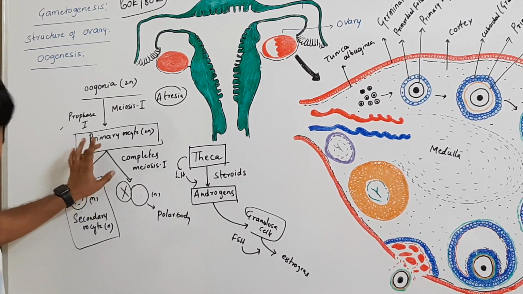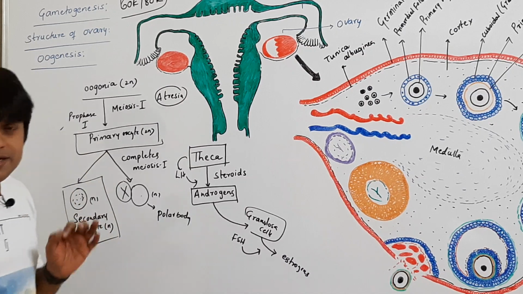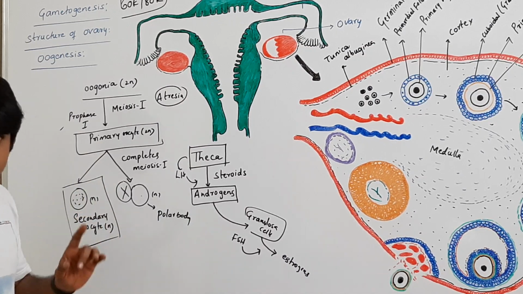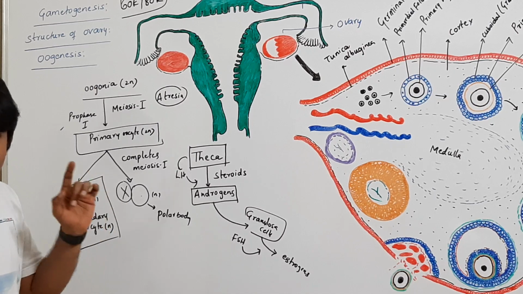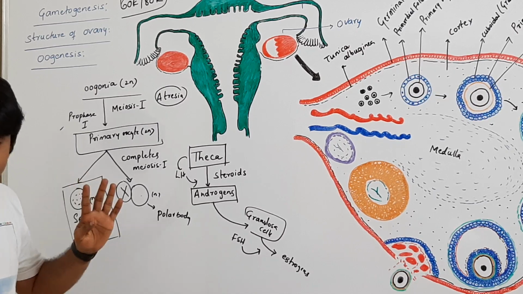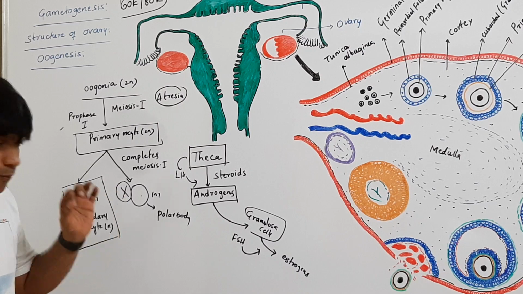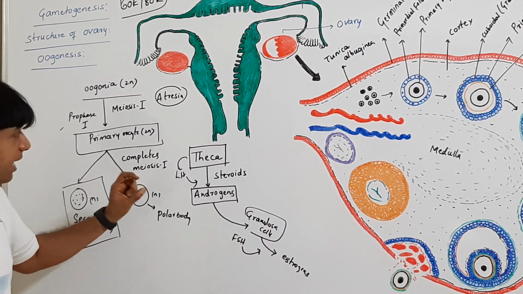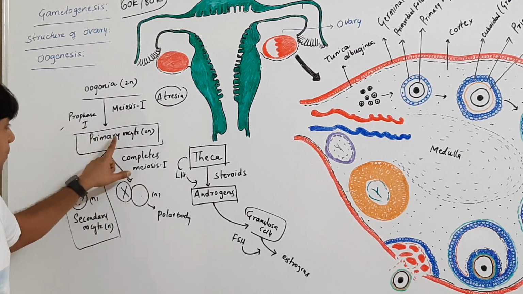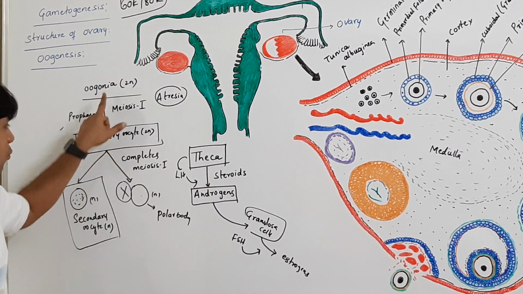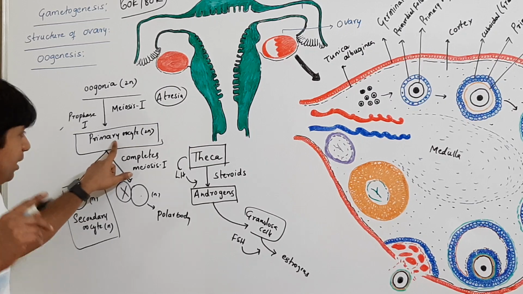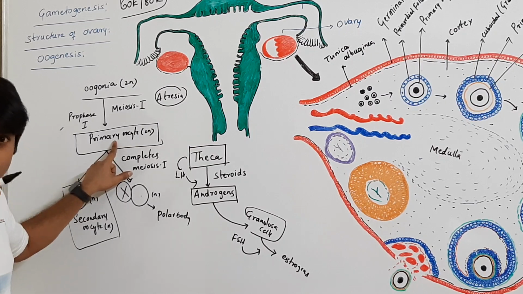This is how spermatogenesis differs from oogenesis. In spermatogenesis, from one sperm mother cell, 4 sperms or spermatozoa are formed. Whereas in oogenesis, in female gametogenesis, one oogonium becomes one primary oocyte, and from one primary oocyte only one ovum or egg is formed.